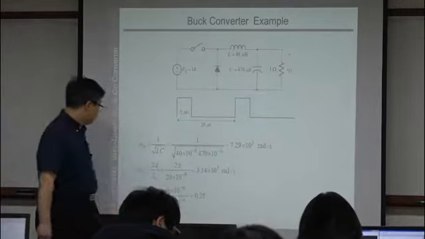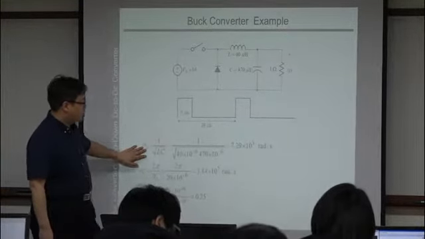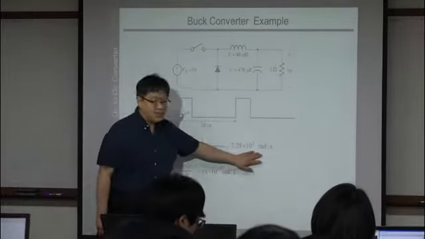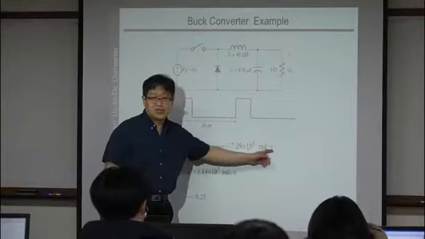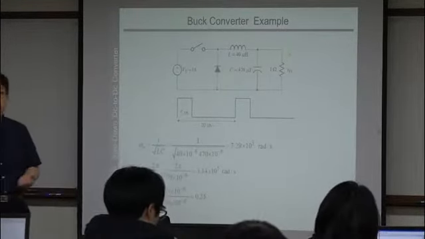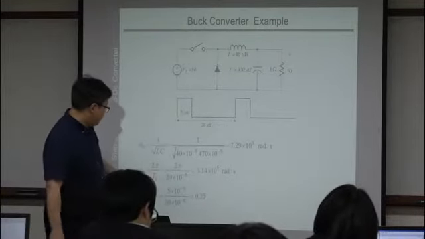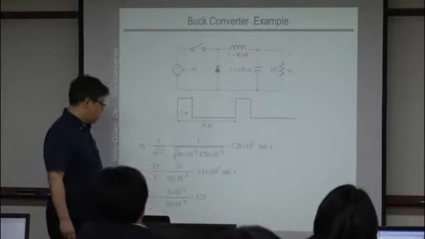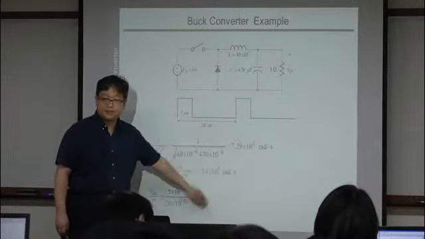So omega 0, that is the pole frequency, is simply obtained like this, but that is expressed in radians per second. If you want to get hertz, then you should apply 1 over 2 pi to this value. Omega s, that is the switching frequency, is also expressed in radians per second.